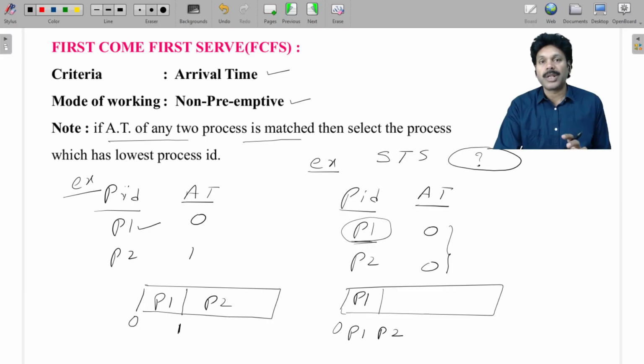So these are the two principles to follow throughout CPU scheduling problems: one, they have arrived at different times; the other, they have arrived at the same time. Let us do problems based on these two scenarios.